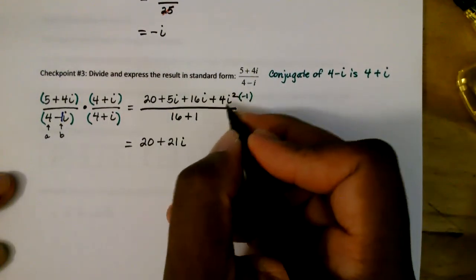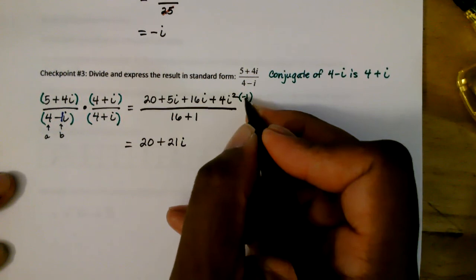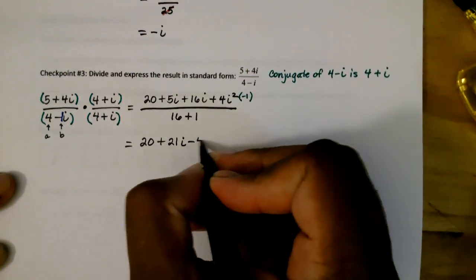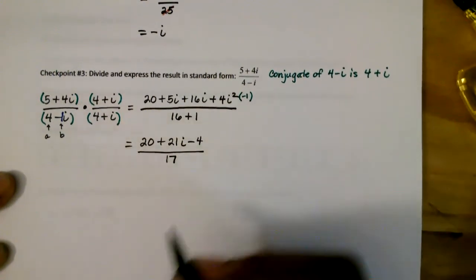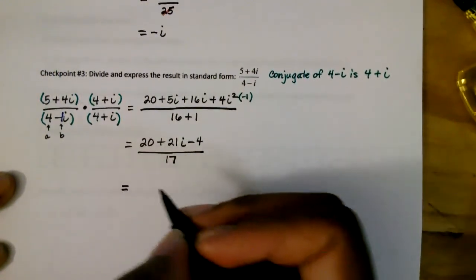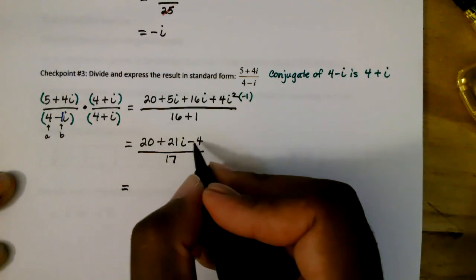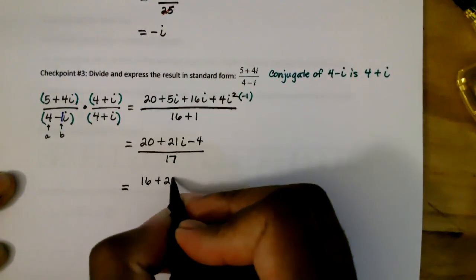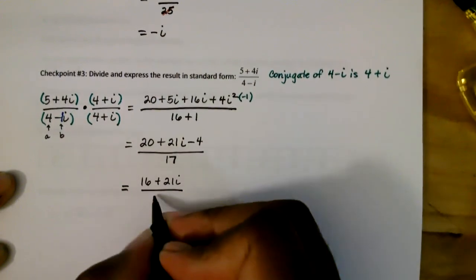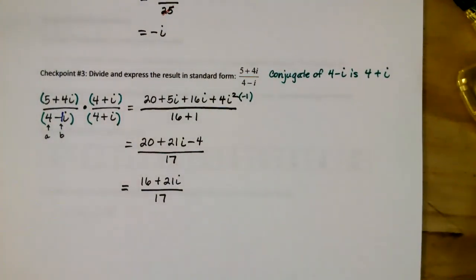Okay, and that negative 1, since i squared is negative 1, that negative 1 will make the plus 4 minus 4 over 16 plus 1. That's 17. Now if I do 20 minus 4, that's 16 plus 21i all over 17.